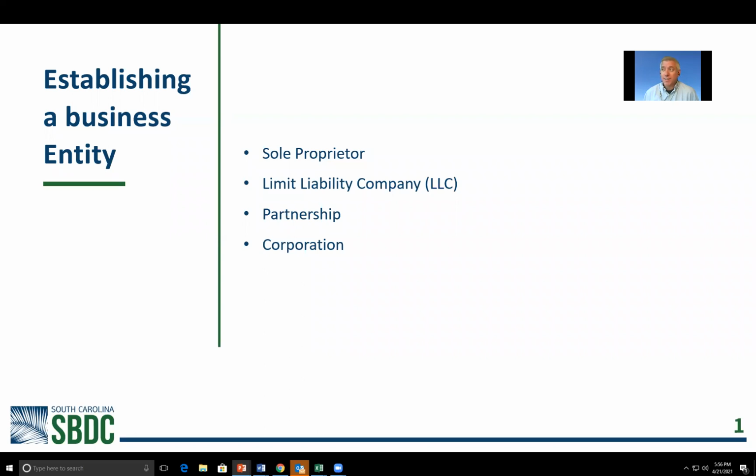What that does is create a wall of liability protection between you and the tenant, or anybody for that matter, who could sue you in relation to that property. If that property is in an LLC and something happens and they sue you, they can only sue the LLC for the value of the LLC, which would be the value of that property.